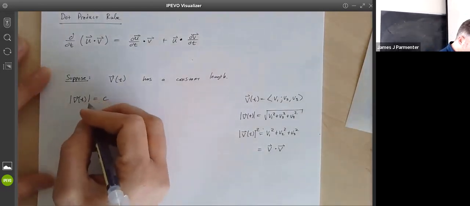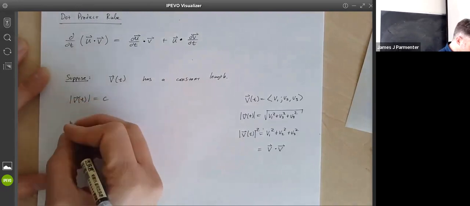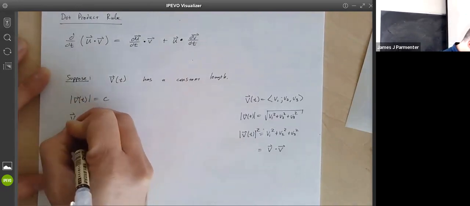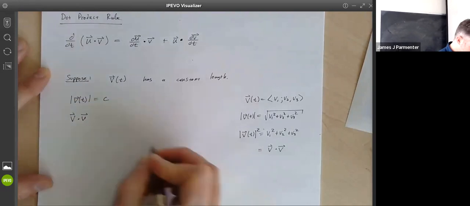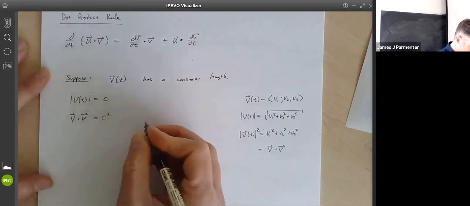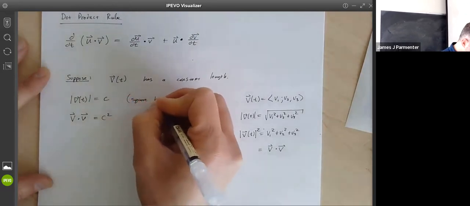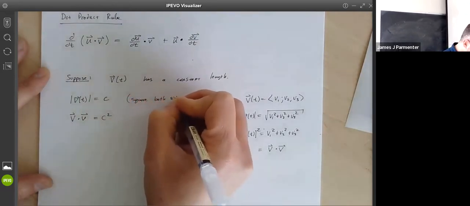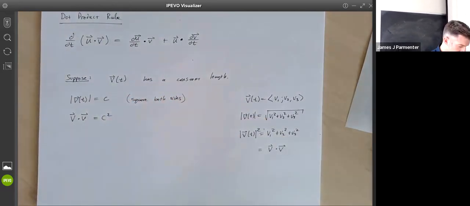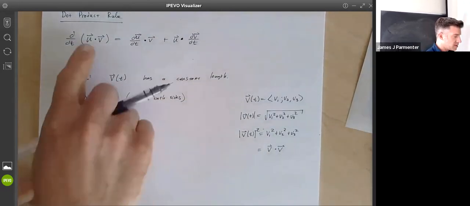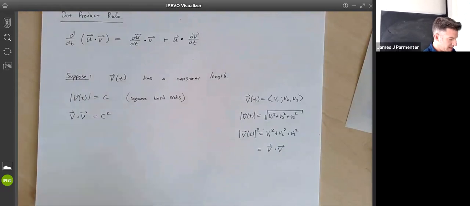The square of this is just v dot v. I'm squaring both sides so everyone is super clear on what I did. And now we're going to throw this rule at it. I'm going to take the derivative of both sides.